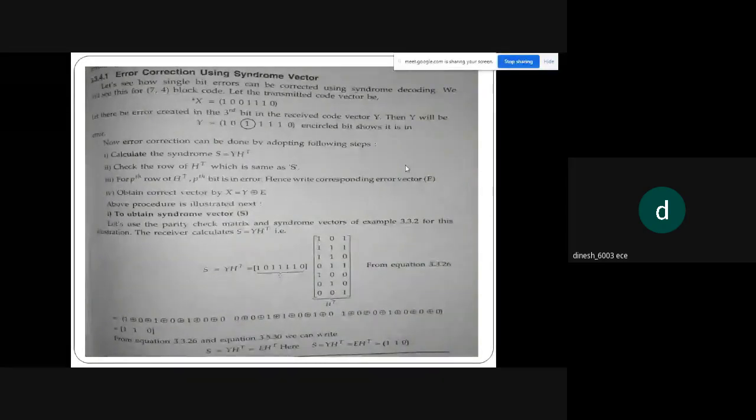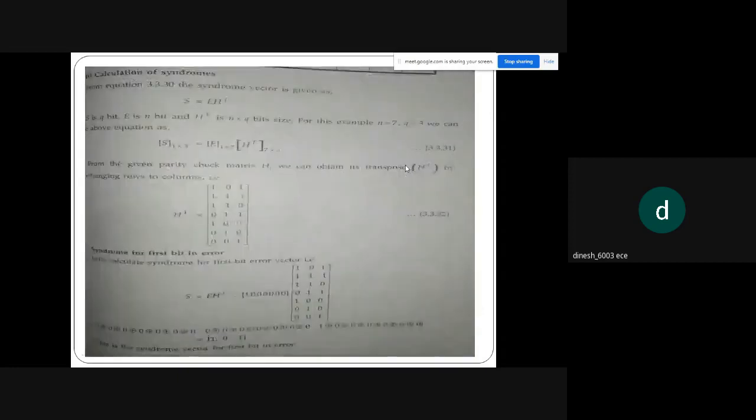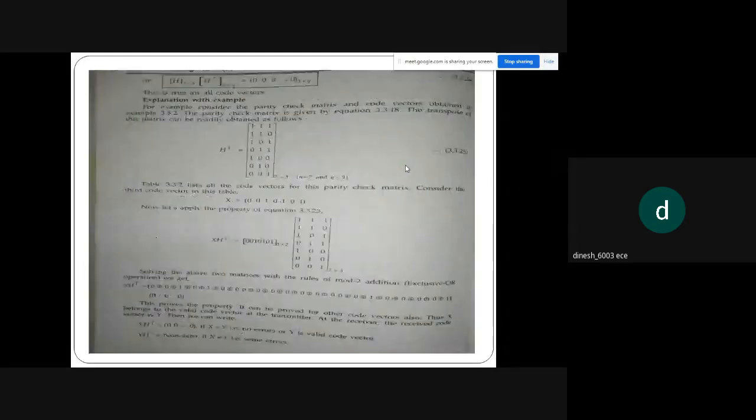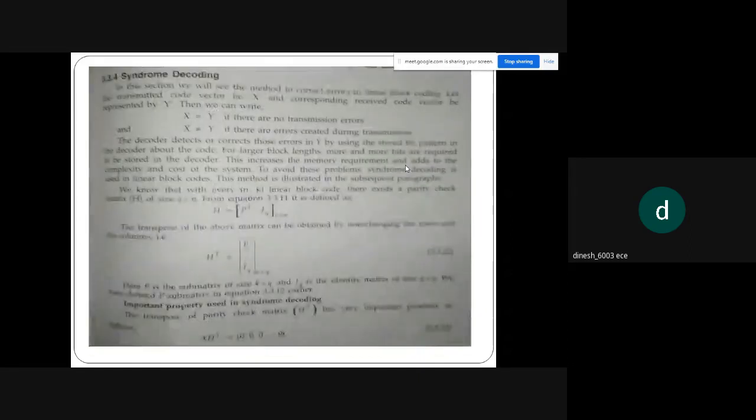Okay, so let us assume that here is your syndrome decoding. This syndrome decoding is a method to correct your errors in block codes.